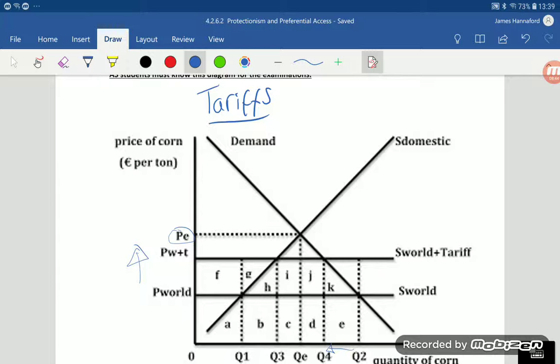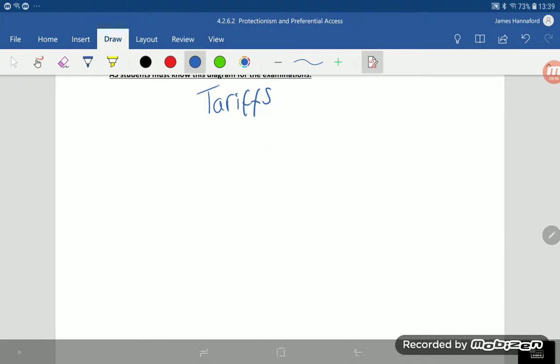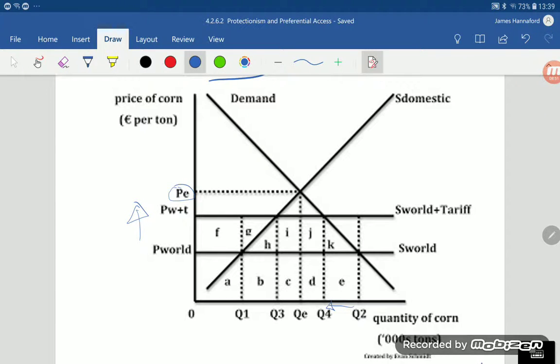Well, before, Q1 to Q2 was the quantity that was being imported into the UK, this distance from here to here. However, after the tariff was imposed, we've said that domestic producers increased output from Q1 to Q3.